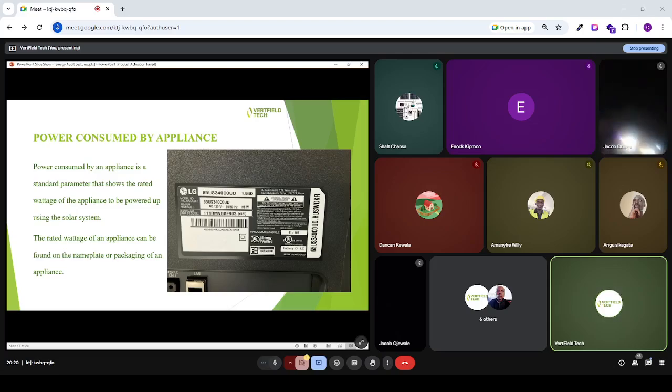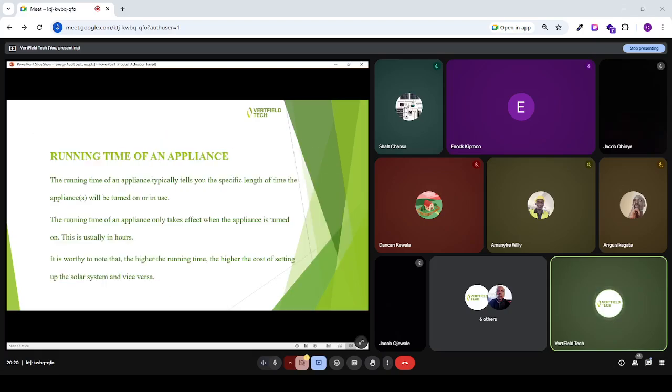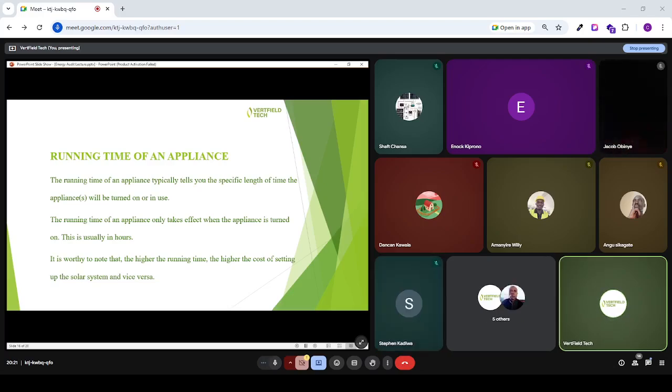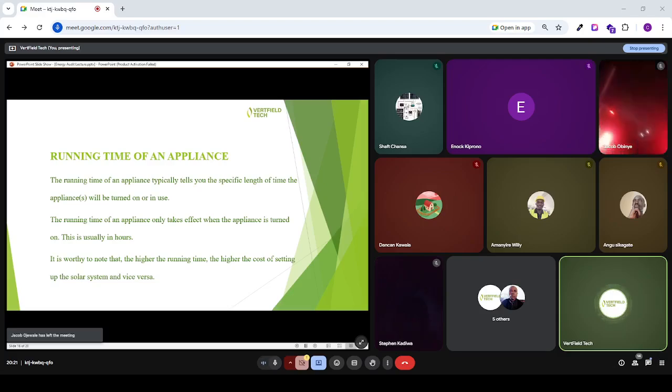All right. So, running time of the appliance gives you the specific length of time the appliance will be turned on or in use. It is worthy to note that the running time of an appliance only takes effect when the appliance is turned on, and it is usually in hours.